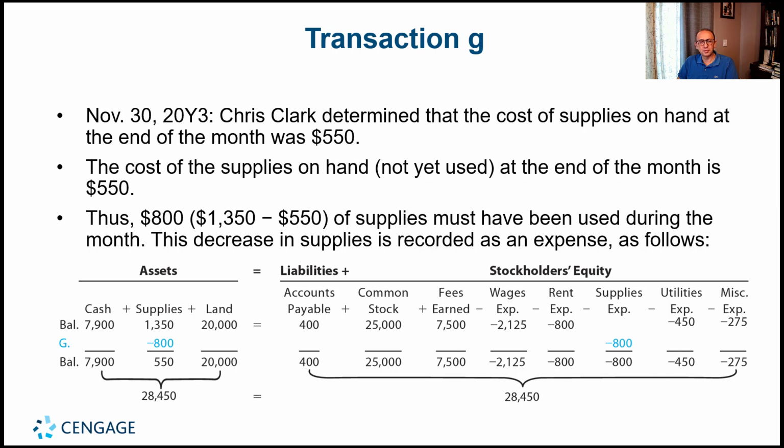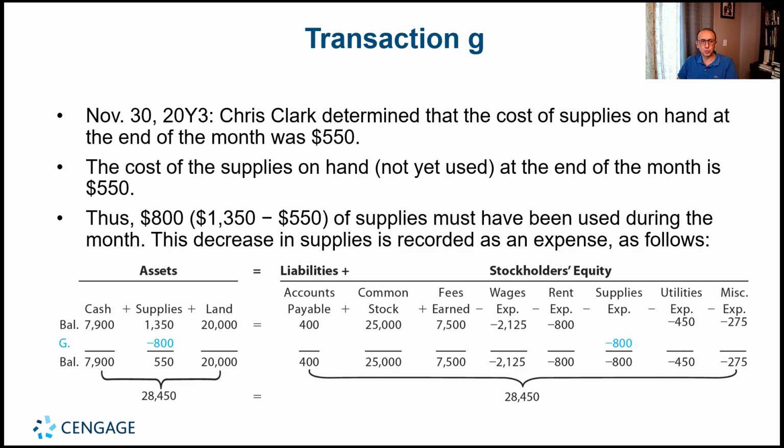So try to remember, how much did the business buy worth of supplies? It was $1,350. Now the leftover is $550. How much worth of supplies did we use during that month?